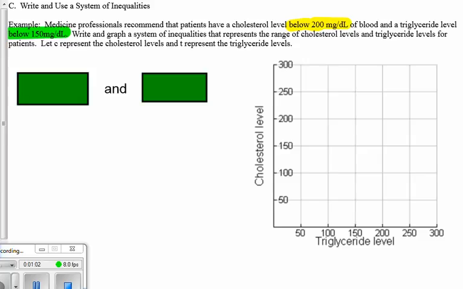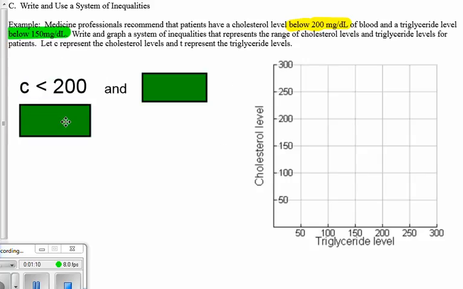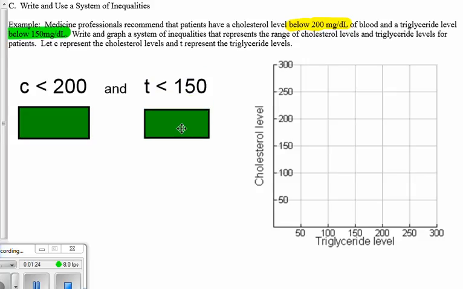So if our cholesterol needs to be below 200, and cholesterol is our y-axis here, and we're using the variable C, we would say C has to be less than 200. Similarly, triglyceride is our x-axis here, going left and right, and we're using T. We need it to be below 150 milligrams, so we just say T is less than 150.